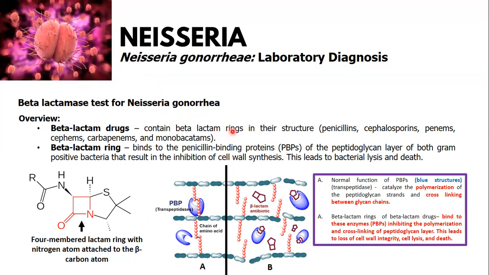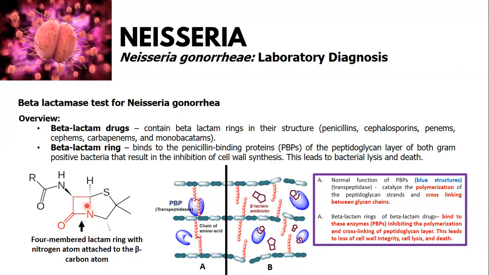And these antibiotics containing beta-lactam rings in their structures include penicillins, cephalosporins, penems, cephems, carbapenems, and monobactams. So this is the beta-lactam ring, and you'd know it's the beta-lactam ring because it has a nitrogen atom in it.